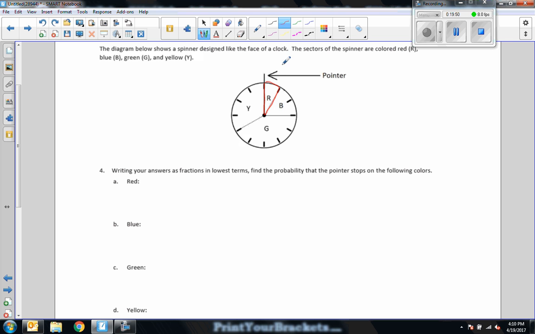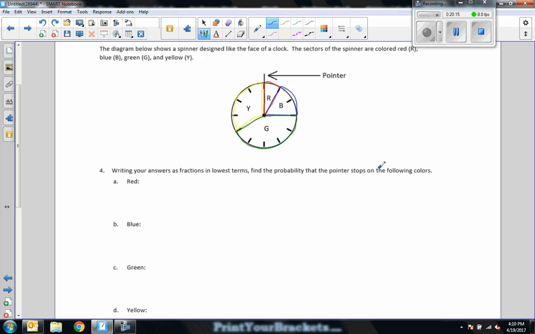This section is red. This section here is blue. Green is here, and yellow, which you probably won't be able to see very well. It's right there. Okay, so there we go. I color-coded for you.